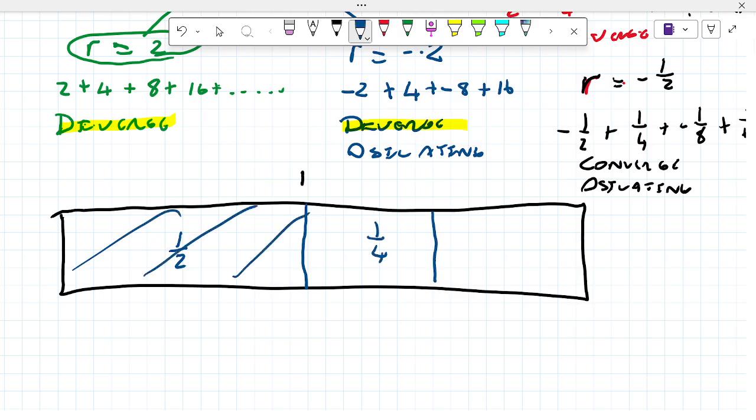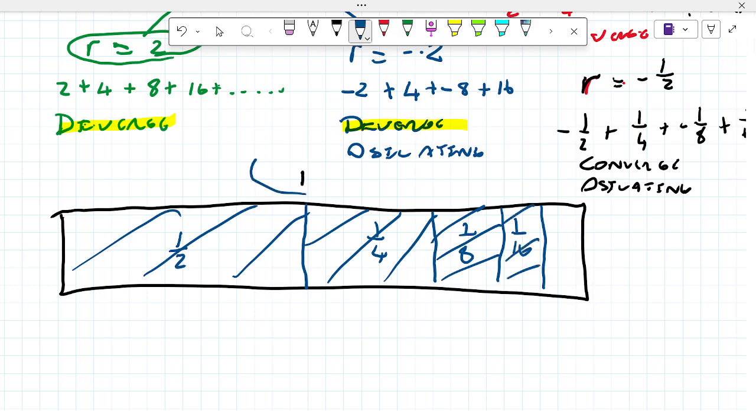So first I added a half, then I added a quarter, then I added an eighth, then I added a 16th. Do you think I will ever get to 1? So in this case, it is converging to 1. So I can calculate the sum to infinity.